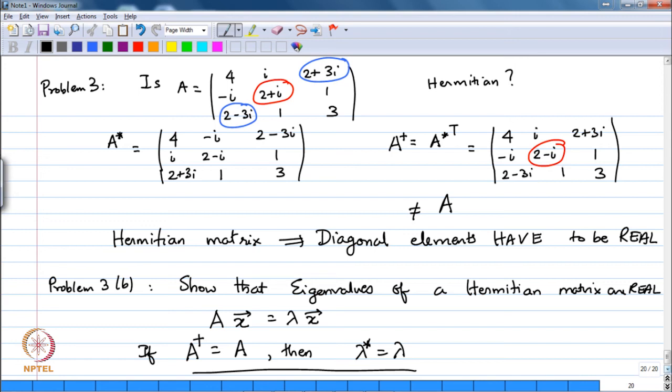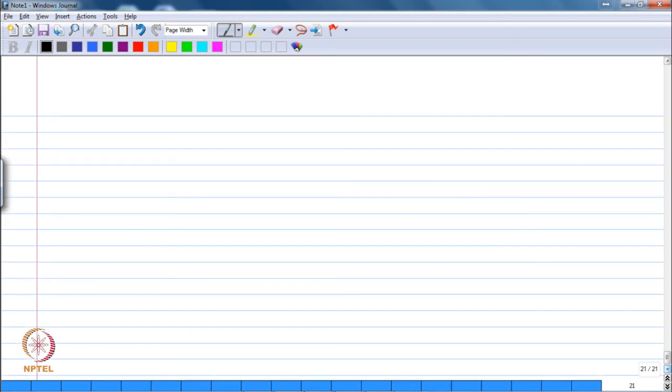Okay. And you can show this quite easily. So, suppose you take A x equal to lambda x. Okay. Now, this implies that A star, you just take complex conjugates on both sides. So, you get A star x star is equal to lambda star x star.